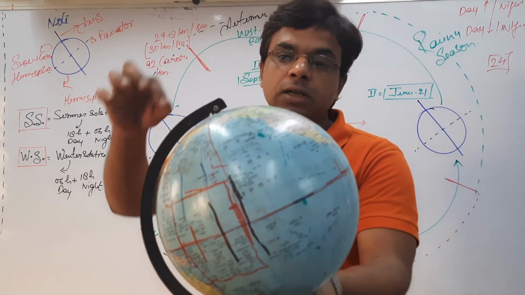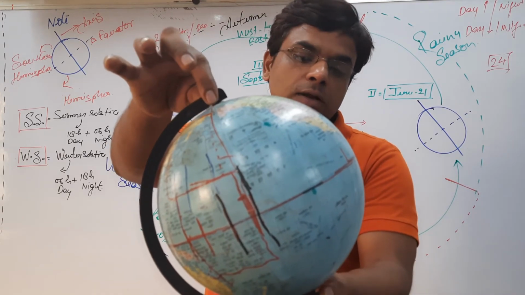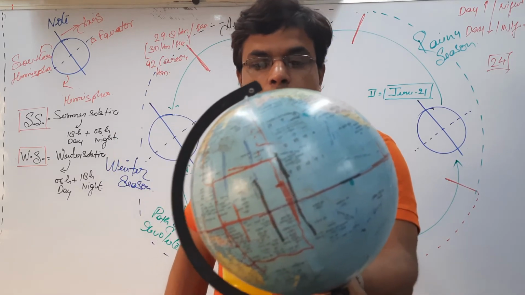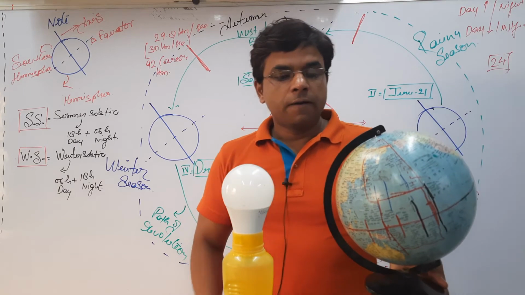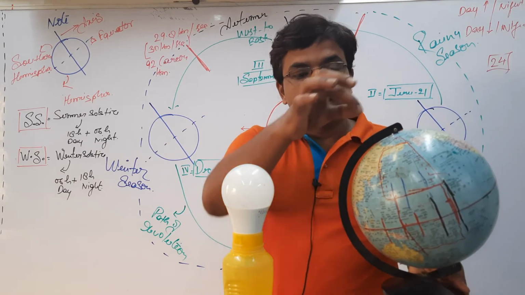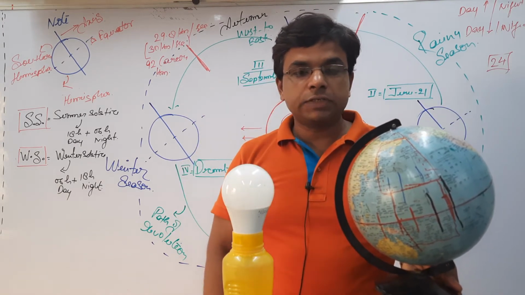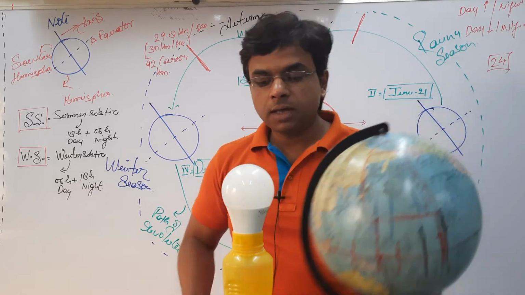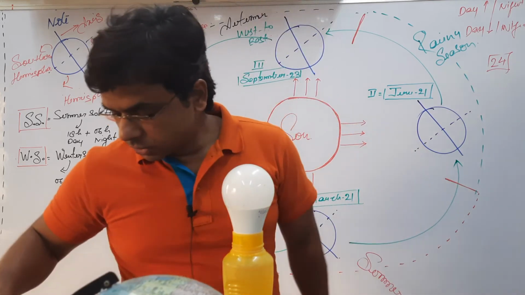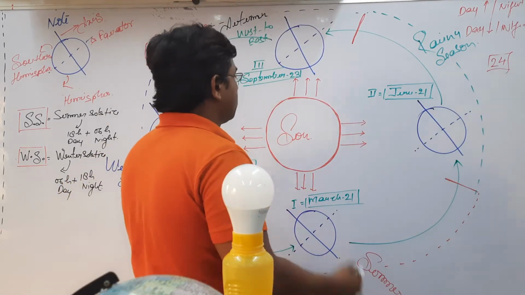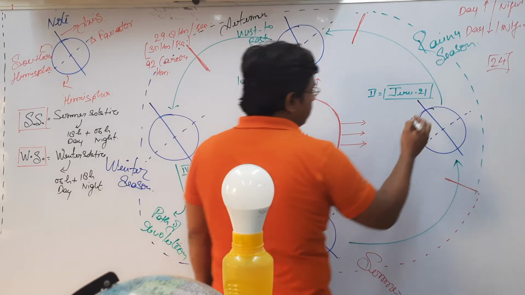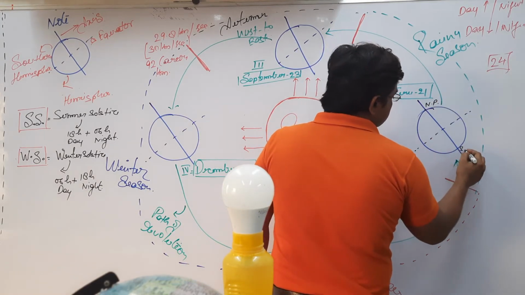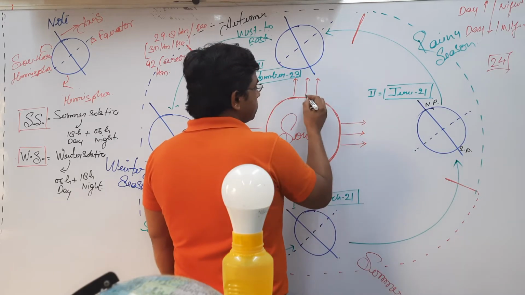Because of the inclination, the distance of the North Pole and South Pole is not decreasing or increasing in respect of the sun. But on the 21st of June, because of the earth's inclination, the North Pole is maintaining the minimum distance from the sun and the South Pole is maintaining the maximum distance from the sun. So look over here: this is the sun, this is the North Pole and this is the South Pole.